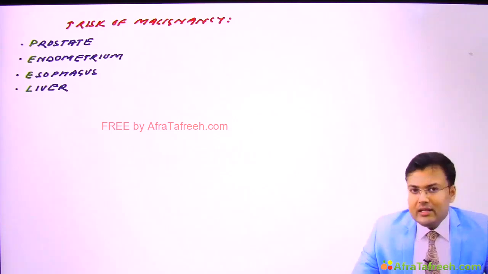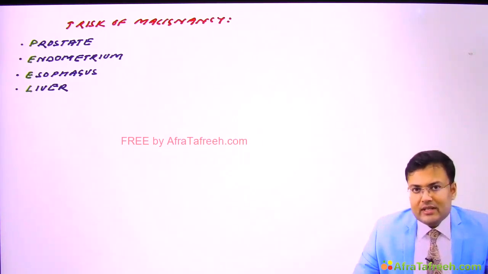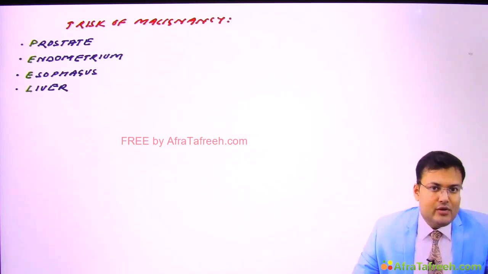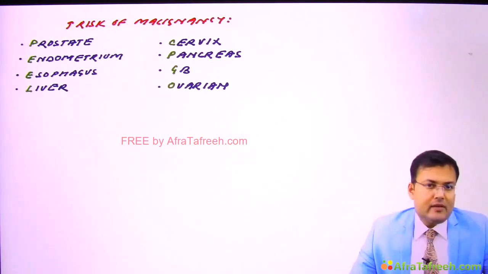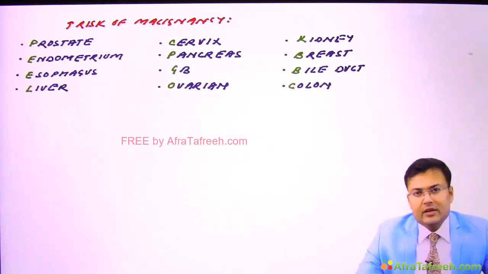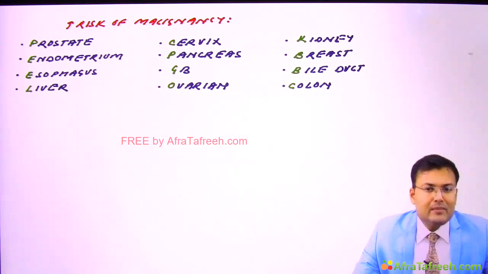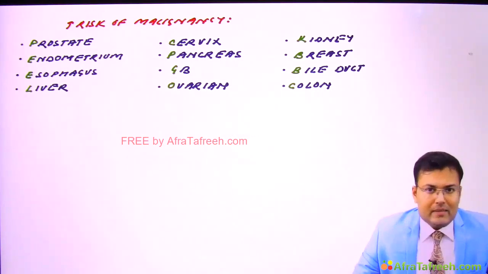All these are adenocarcinoma; carcinoma esophagus can be squamous cell carcinoma or adenocarcinoma, and obesity increases the risk of adenocarcinoma. It also increases the risk of carcinoma cervix, carcinoma pancreas, carcinoma gallbladder, ovarian cancer, and RCC, meaning malignancies of kidney, breast cancer, bile duct and colon. So these are the malignancies whose risk is increased by obesity.